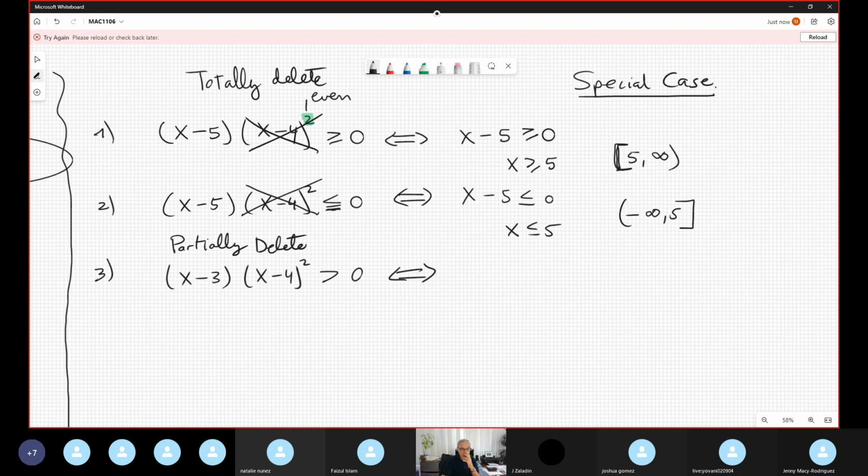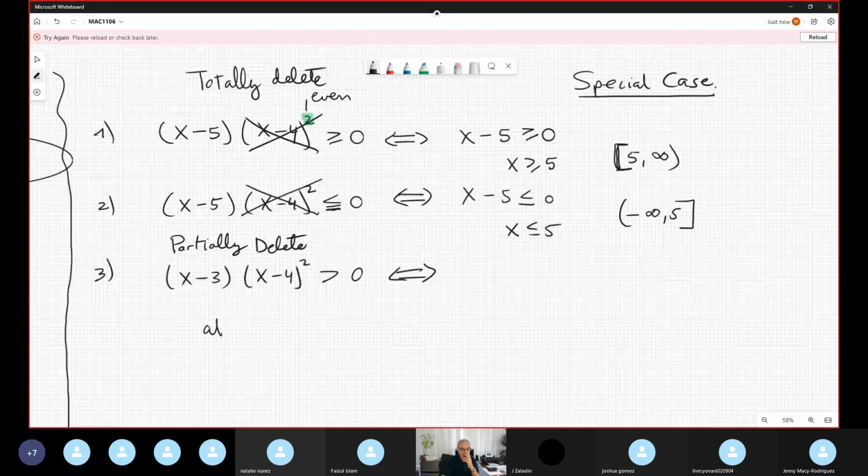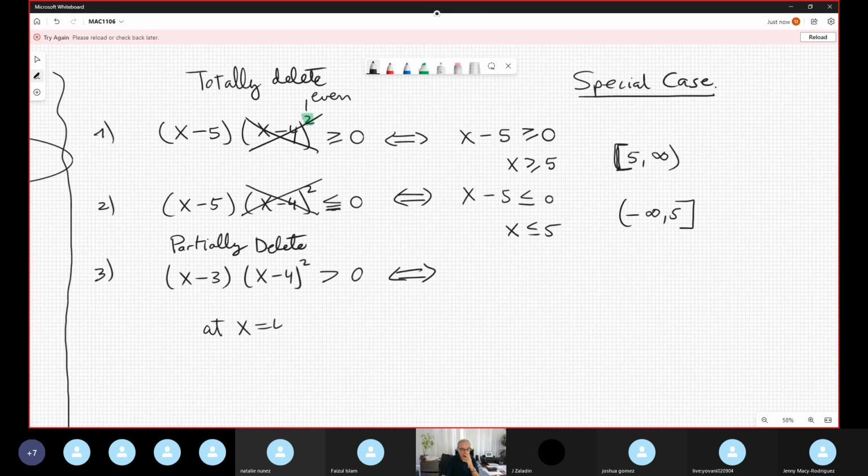Because suppose x equals 4, the number you plug in inside the parenthesis and the square, the factor that we pretend to delete. It's obvious that 4 minus 4 is 0, and 0 squared is 0, and 0 multiplied by any number is 0, and 0 is not greater than 0. You have a contradiction. So now you can delete, but not totally.